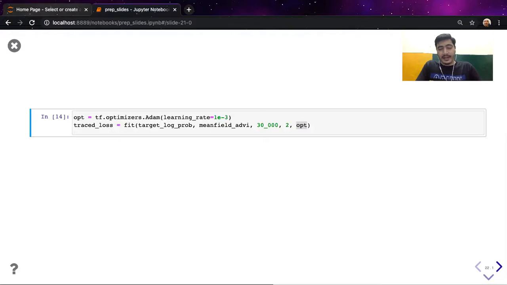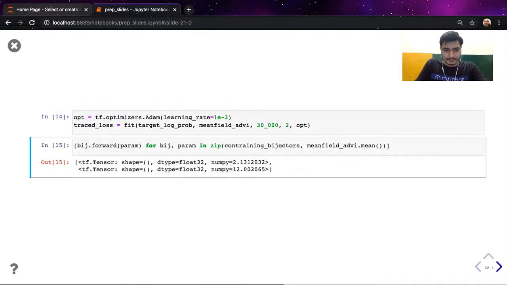Yeah, I just define an Adam optimizer and call the fit function to fit the target log prob with the mean field ADVI, which we have proposed earlier, for 30,000 steps and with a batch size, or so-called sample size, of 2.